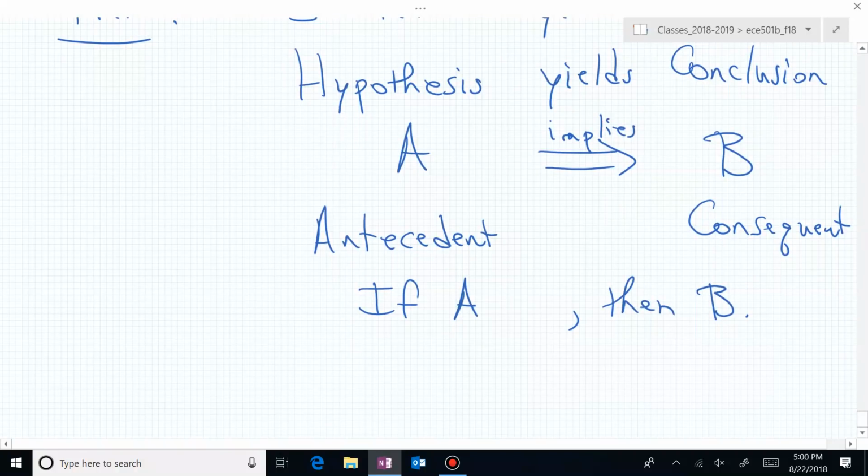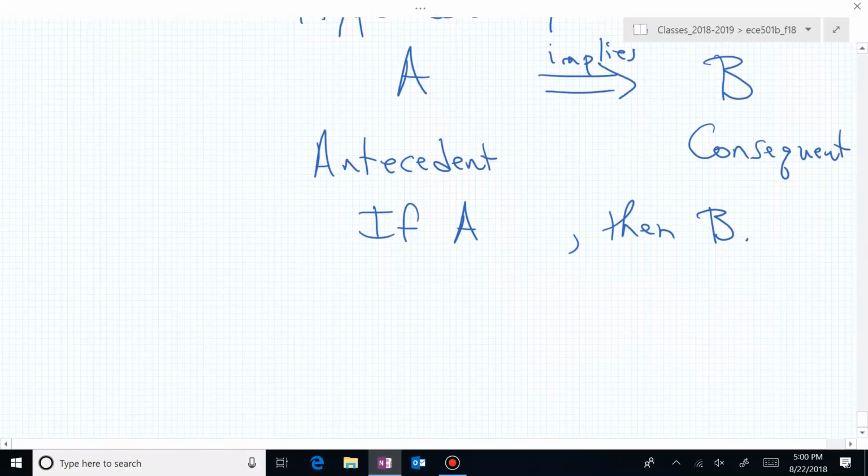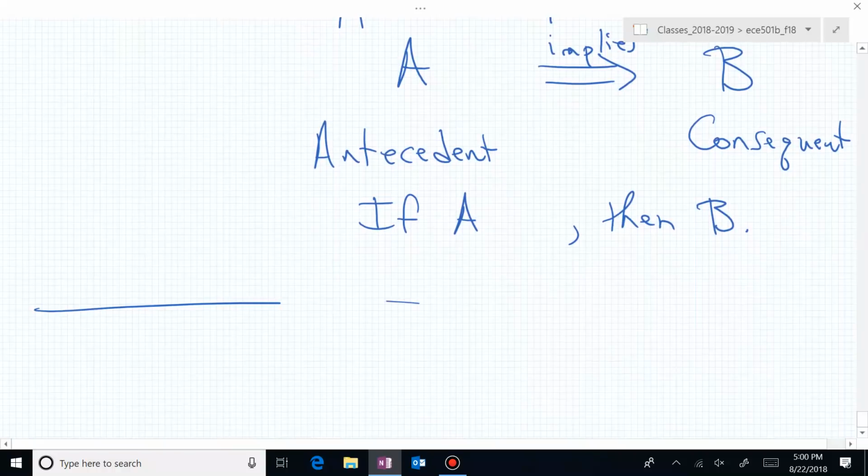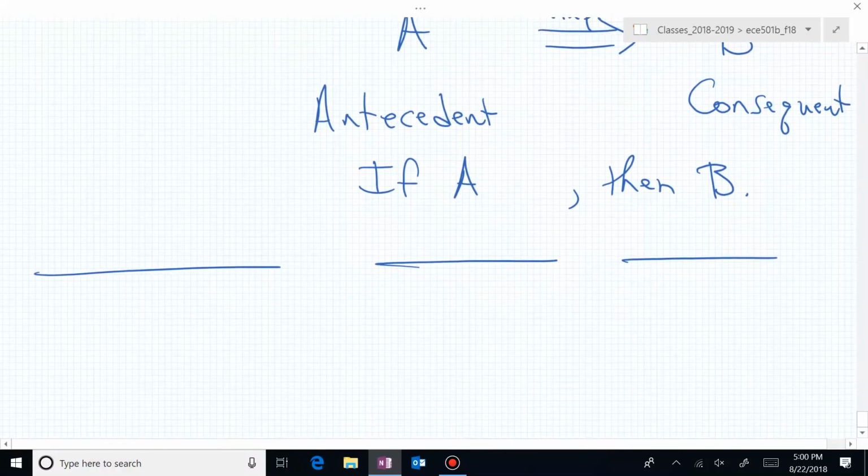If A is true, then B. That will be our true statement, or our theorem. And we now want to know what are some different strategies, some different techniques, that we can use to prove this theorem or statement is in fact true.